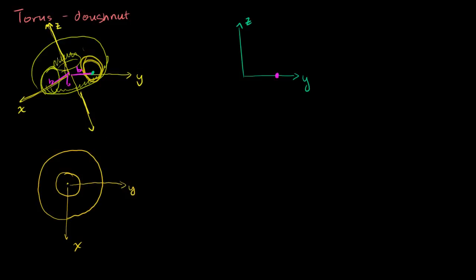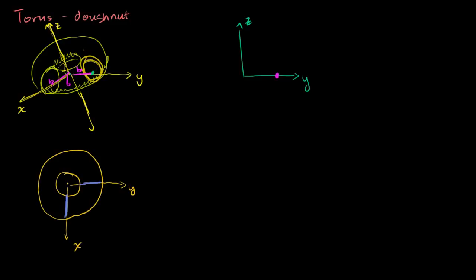You can imagine I'm just flying above this, sitting on the z-axis looking down at the donut. It'll look just like this. If you imagine the cross section, this circle right here, the top part of the circle, if you're looking down, would look just like that.